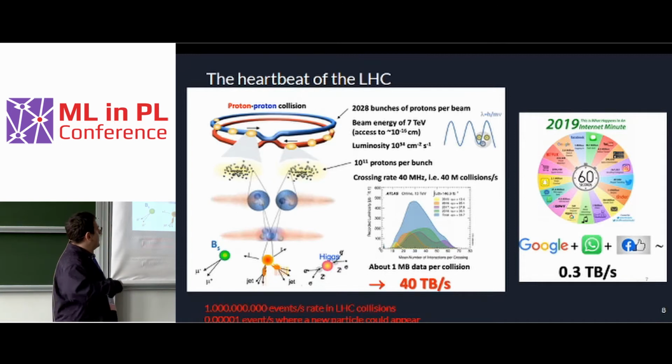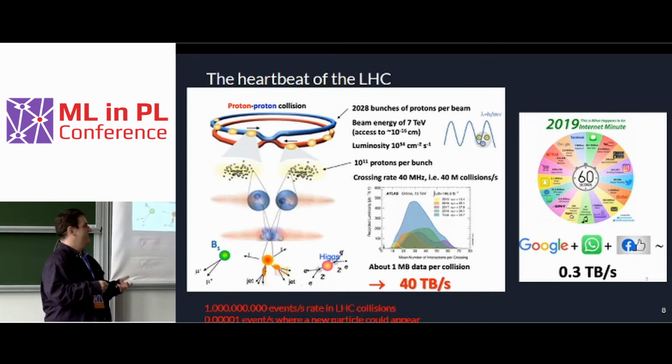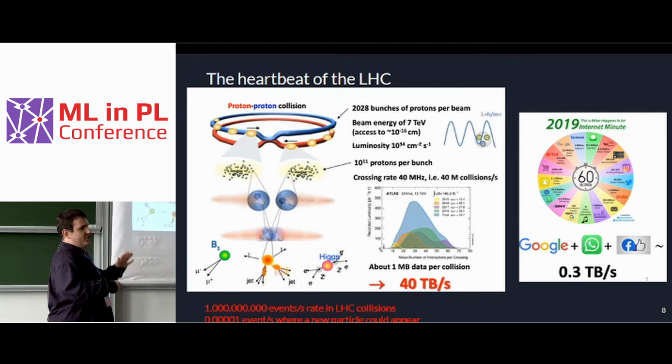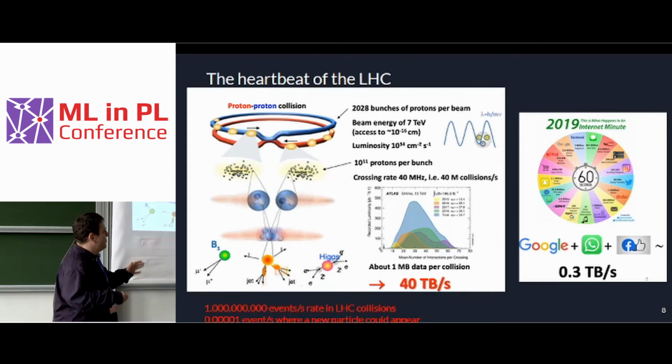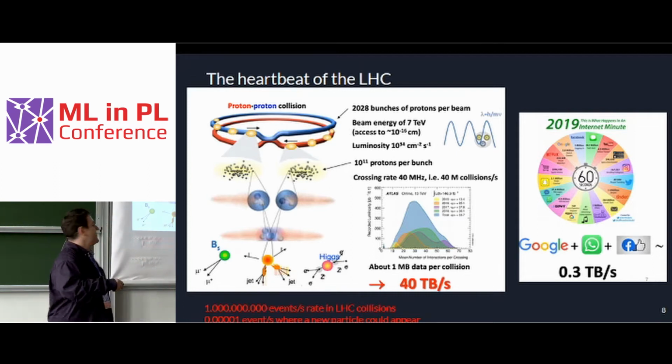Now, what is the amount of data that we collect? The amount of data that the LHC generates is about 40 terabytes per second. To put it into perspective, Google combined with Facebook and WhatsApp generate roughly 0.3 terabytes per second, which is 2 orders of magnitude less.